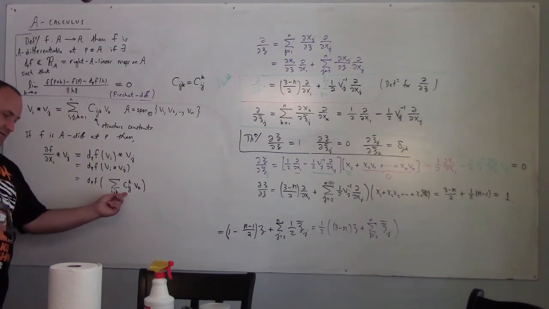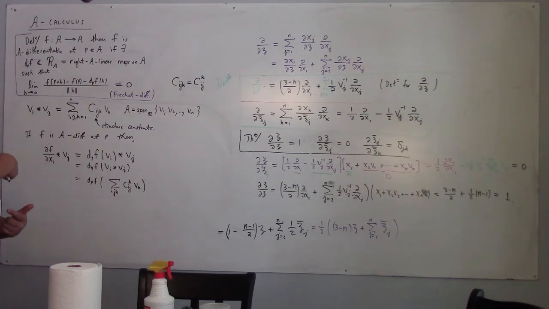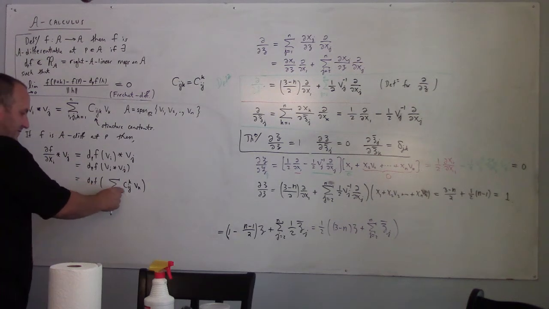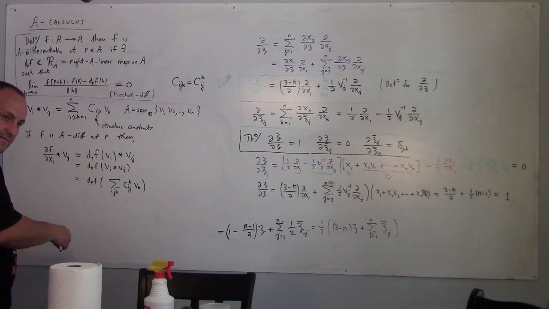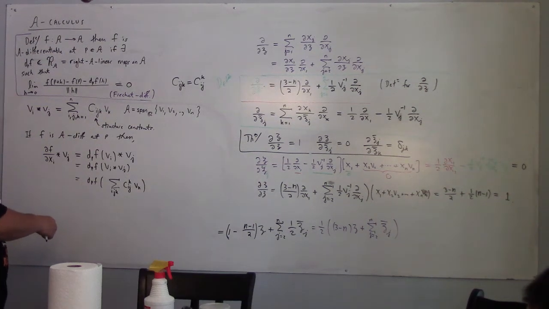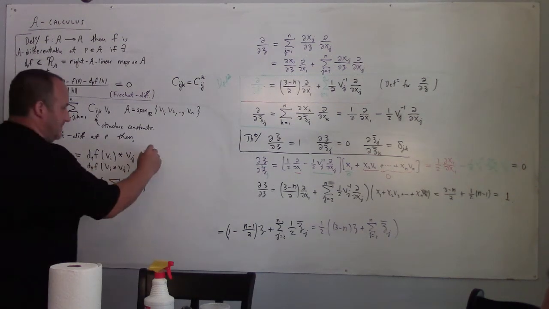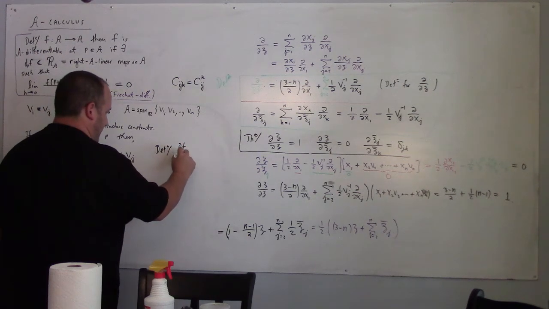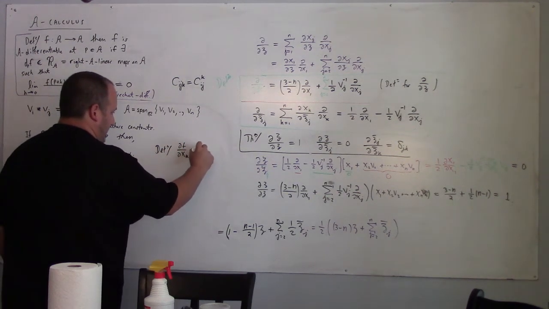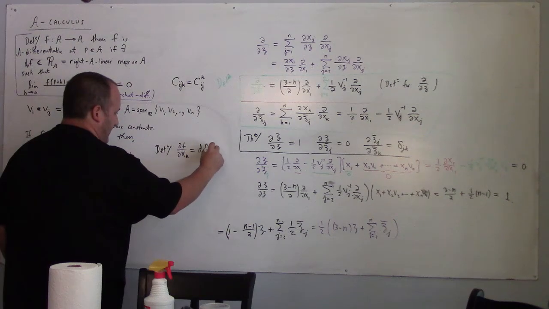Now, this is linear. These are real numbers. So you pull them out, and then you're left with dp f of vk, which is partial f, partial xk. Is that because of how you define it? Yeah, by definition, partial f, partial xk is dp f of vk.